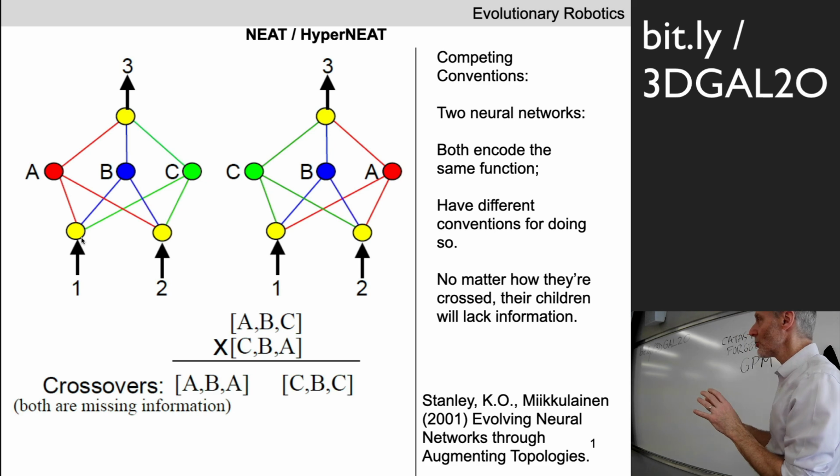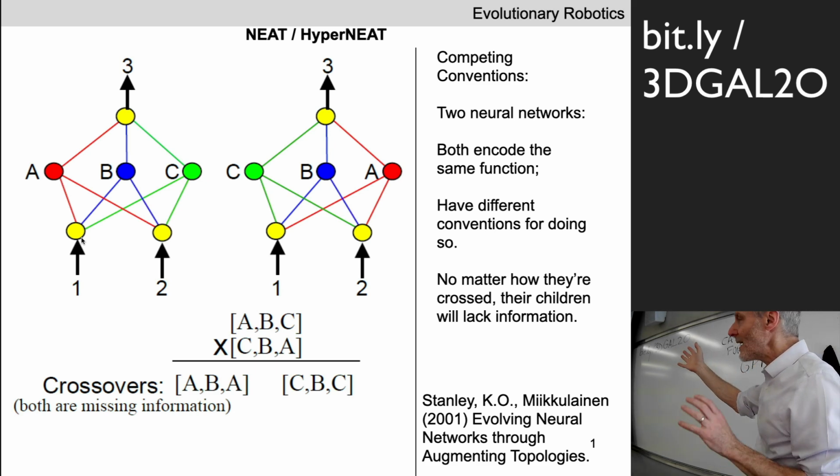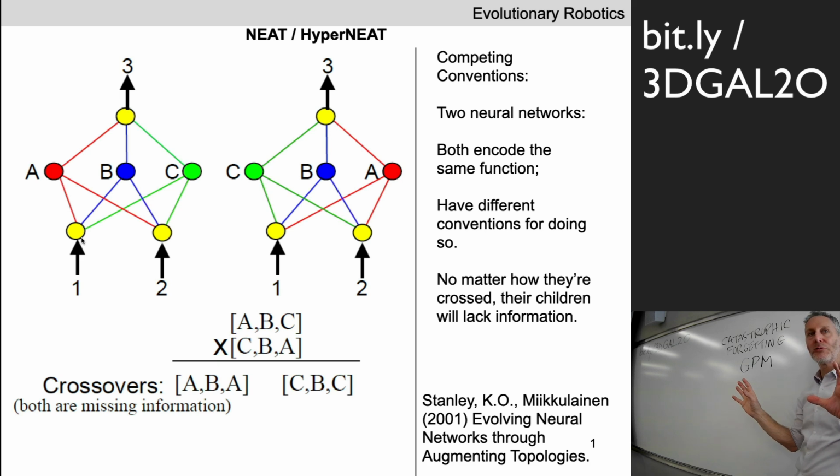This is one of the reasons that sex evolved in nature, is that by randomly crossing over genetic material from different individuals, just by chance, sometimes offspring benefit by getting the best of both worlds. They get things that both parents are good at, combined into an offspring.